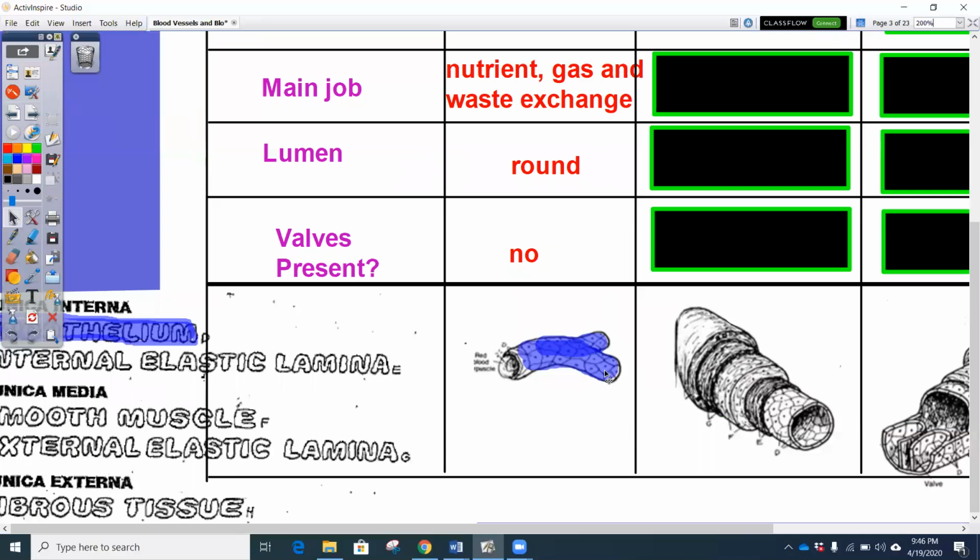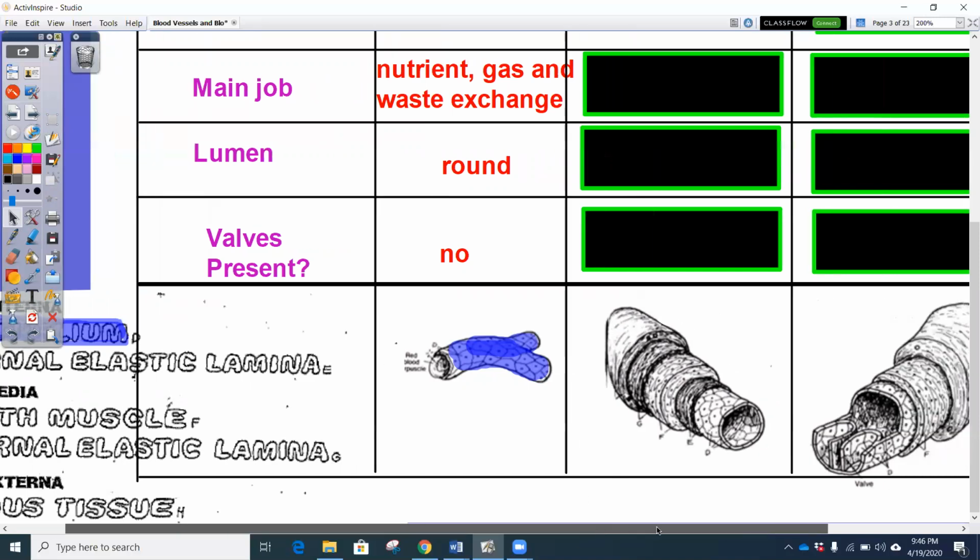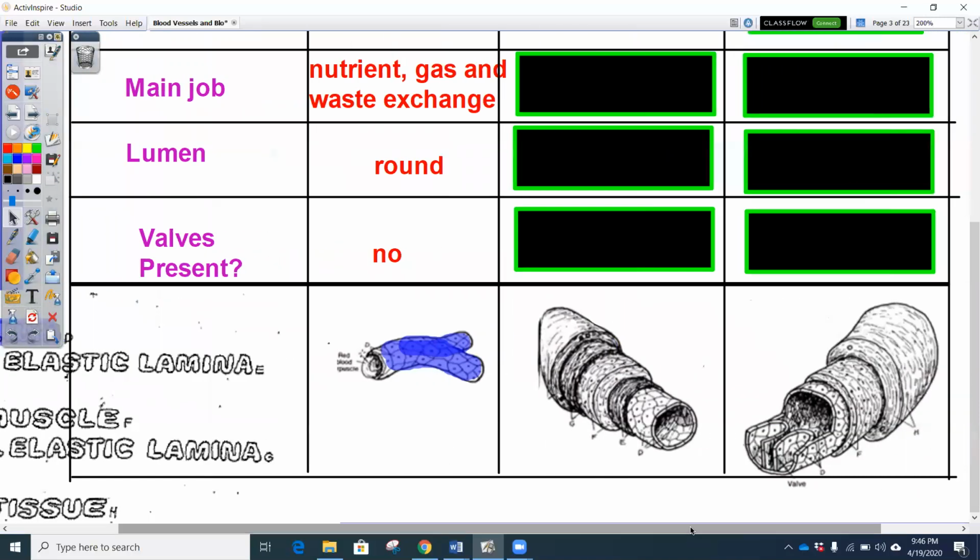And you can see that the shape of these cells is squamous. It is a scale-shaped cell, one layer thick, wrapped into a tube, making up the wall of that capillary. But it also makes up the inner linings, the innermost layer of a vein and an artery.